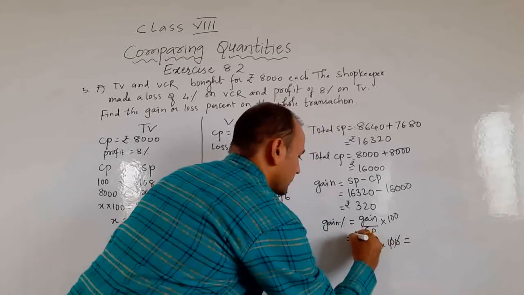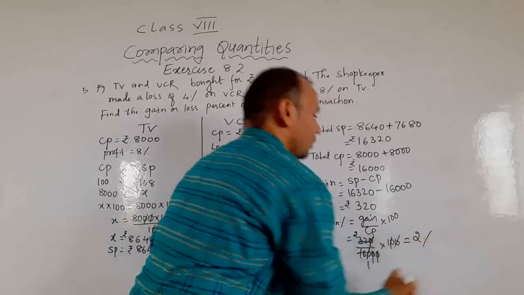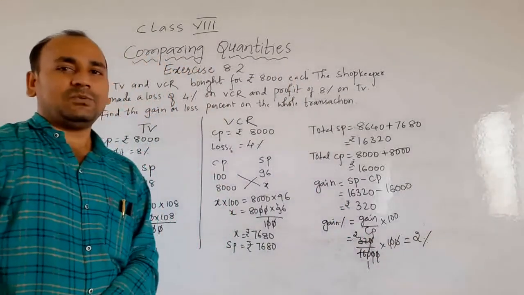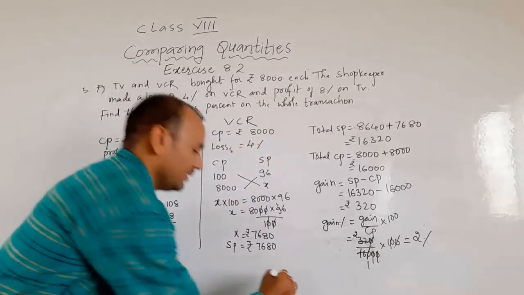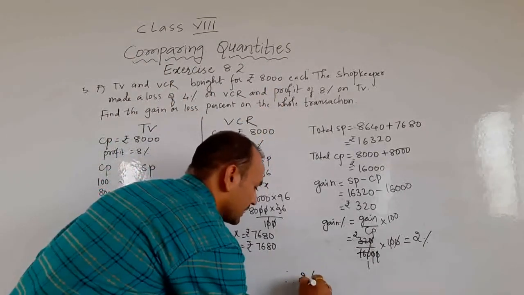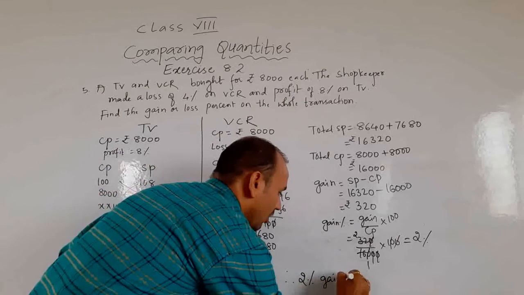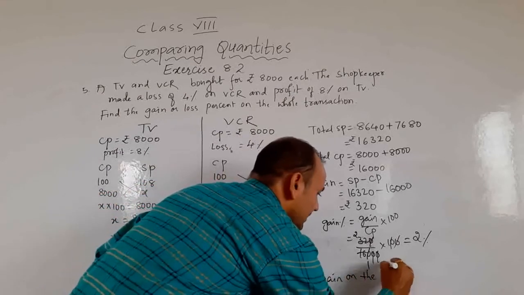This is 16 1s are 16, 16 2s are 32. So 2%, what happened? Gain happened on the whole transaction. Therefore, 2% gain on the whole transaction.